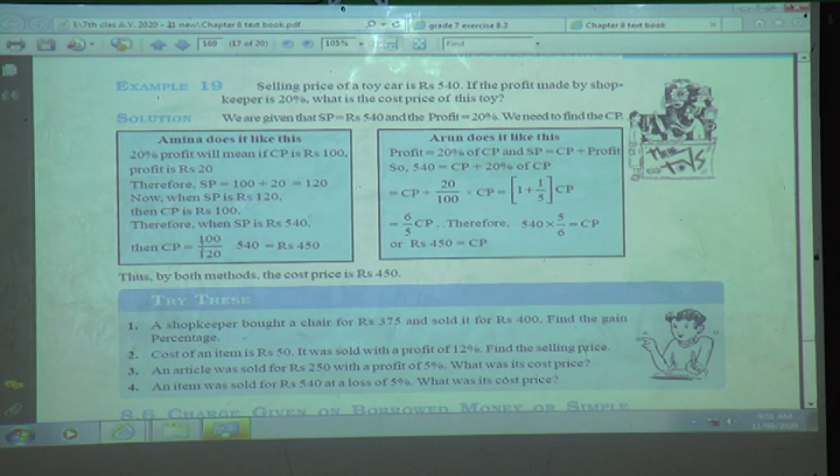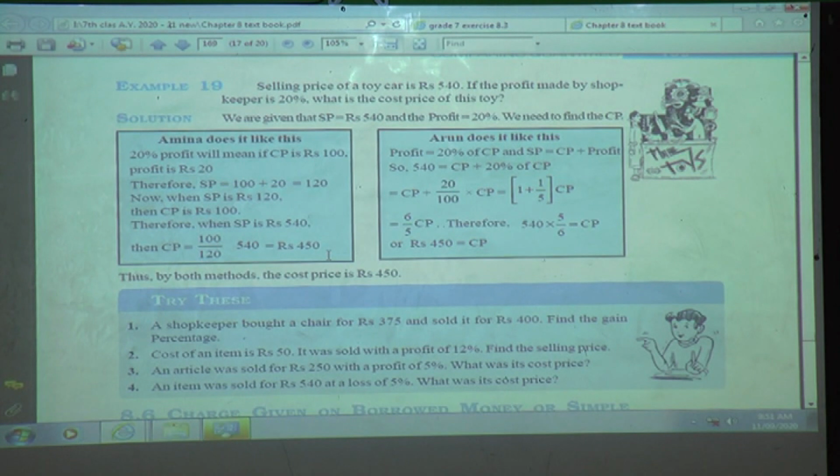CP is equal to 100 upon 120 multiplied by 540. After reducing this fraction to its lowest term, we get rupees 450.